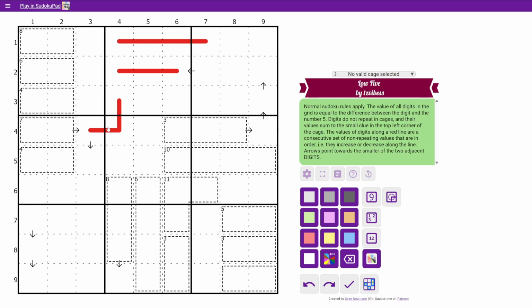So there might be weird stuff on the lines, like 4, 7, 8, or whatever, and their values would be 1, 2, 3. So that's going to get intriguing.